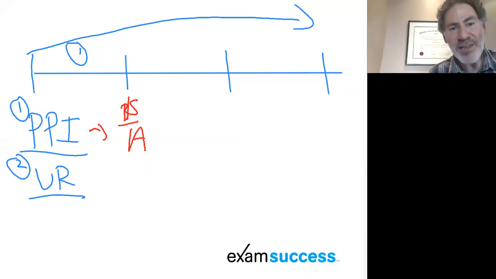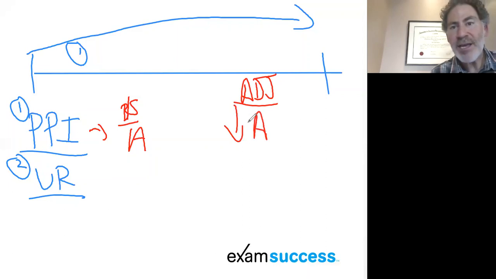Let me move these lines, because I don't want these lines to make anything look misleading. So prepaid item goes on the balance sheet as an asset. And then what happens? At the end of each time period, I need to make an adjustment. And the adjustment is to reduce the asset. And this is to reflect using up part of the asset.